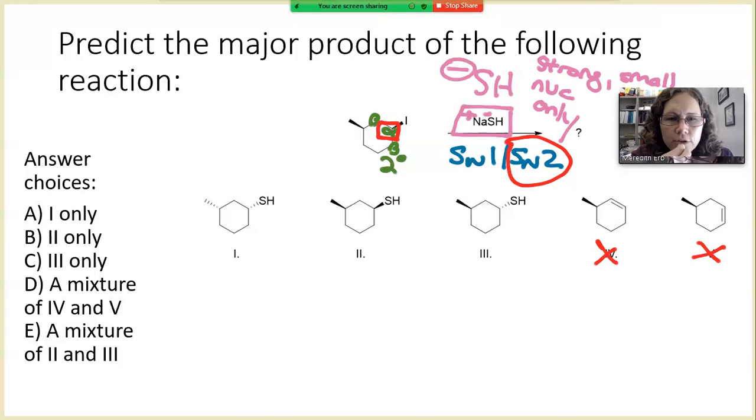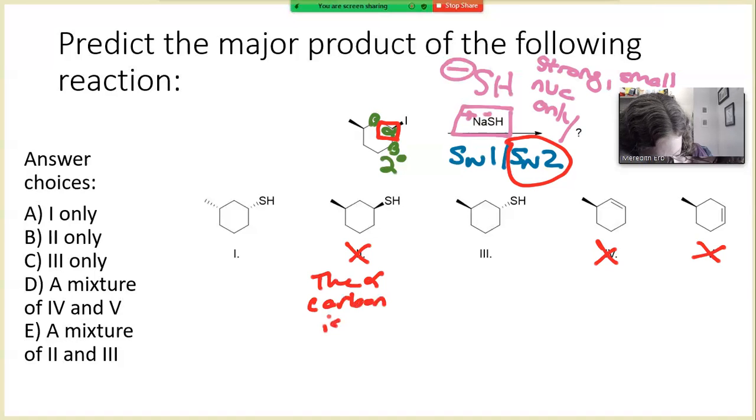Molecules 1, 2, and 3 all have the thiol replacing the iodide, but notice that molecule 2 does not have inversion. So I'm going to cross that off because the alpha carbon is not inverted, and we know that's a key requirement for SN2. That leaves us with molecule 1 and molecule 3.